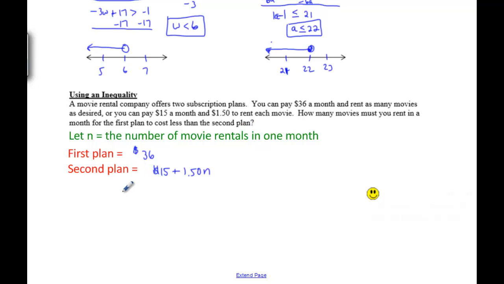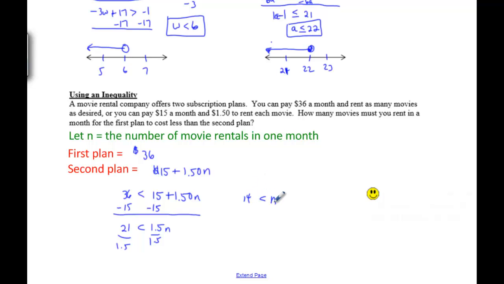So if we take the first plan and we want it to be less than the second plan, we're going to subtract 15 over. You end up getting 21 is less than 1.5n. If you divide by 1.5, we end up getting n on the right is greater than 21 divided by 1.5, which is 14.